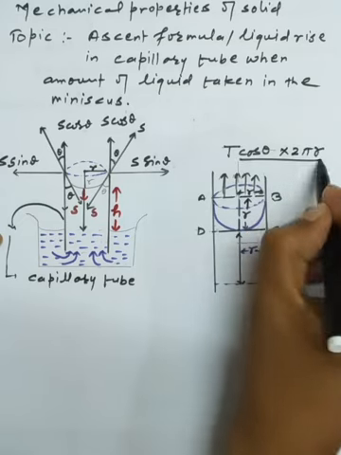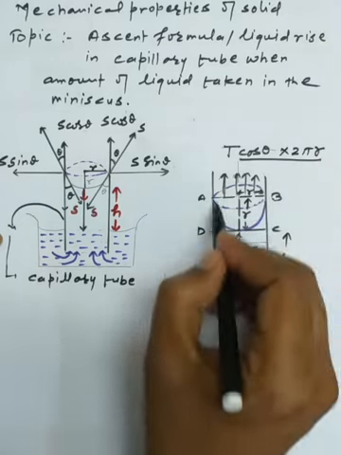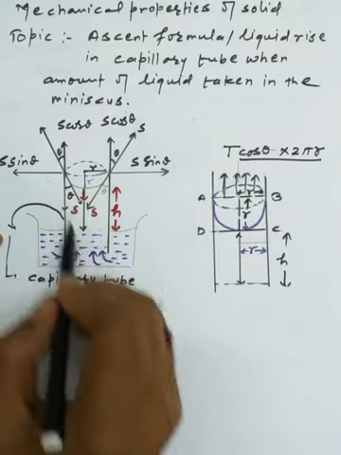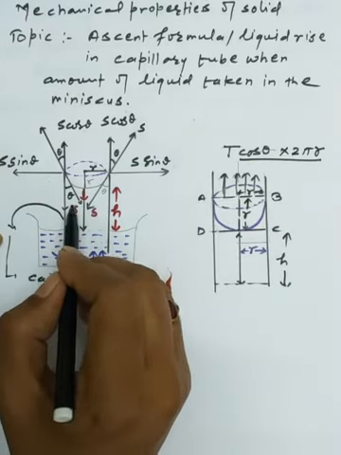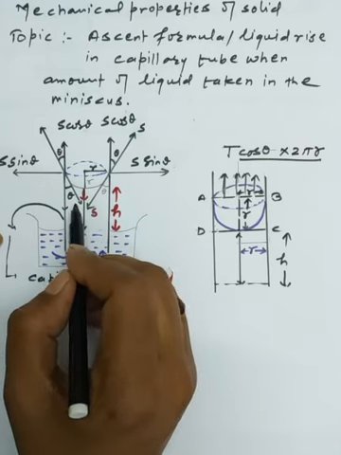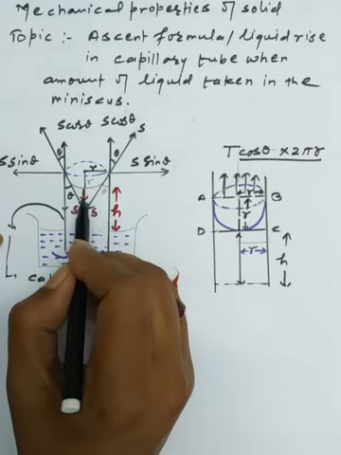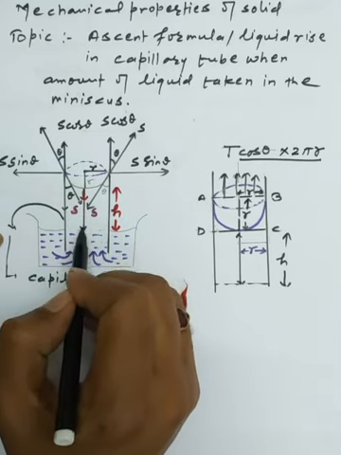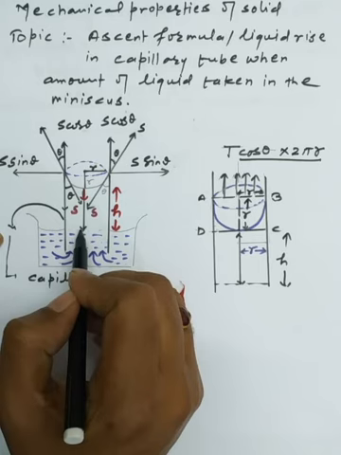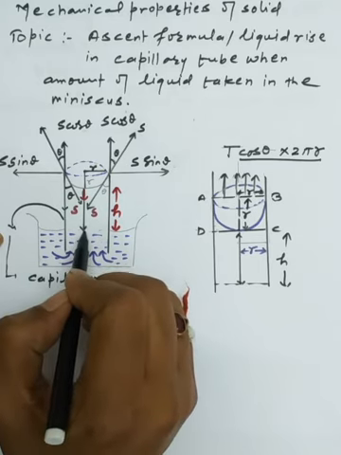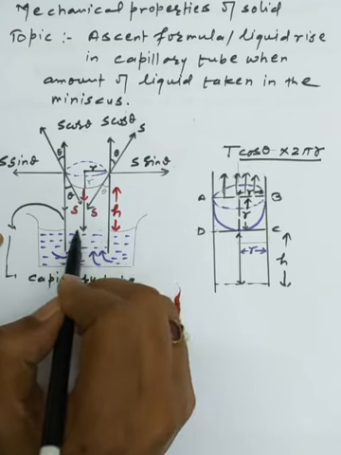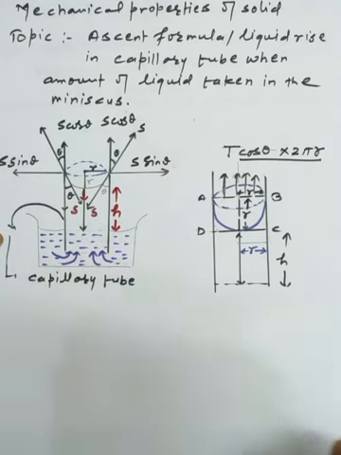So due to this surface tension force on this circumference, the liquid rises up. As the liquid rises up, due to its weight, as its weight increases, this weight is balanced by the surface tension force. Okay, so the liquid comes in equilibrium and does not rise after a certain height.